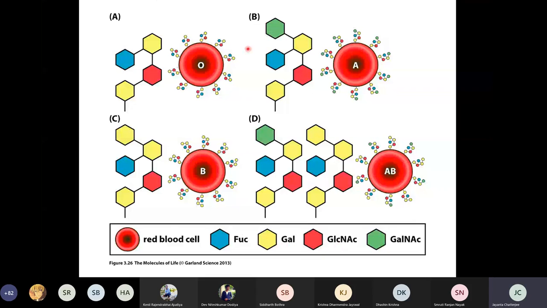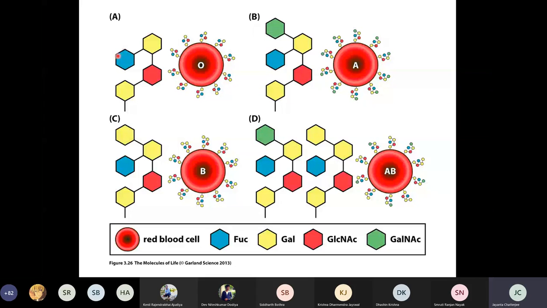It turns out that this combination, where you have the fucose, two galactose, and one N-acetylglucosamine, is not really antigenic, meaning that it does not elicit an immune response. There are no antibodies that recognize this.